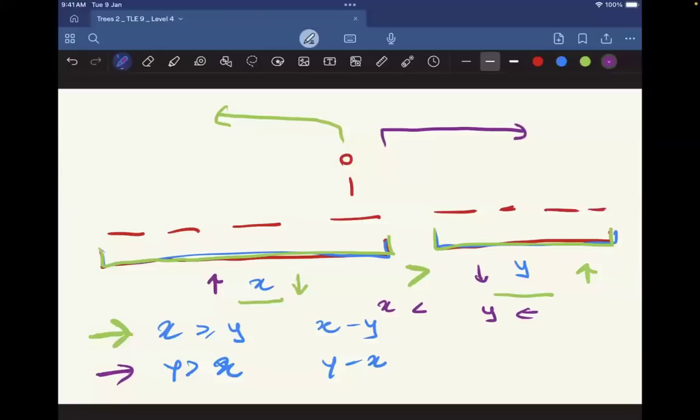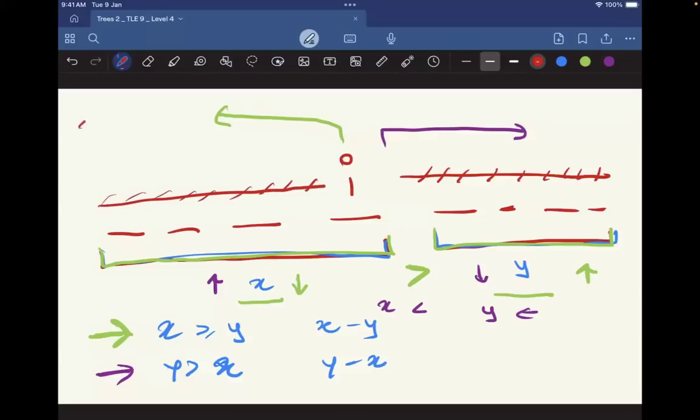Yes or no? Tell me, guys. So what I'm saying is, if x is greater than y, I can more or less discard this particular search space. And if y is greater than x, then I can discard this particular search space. Yes or no, guys?